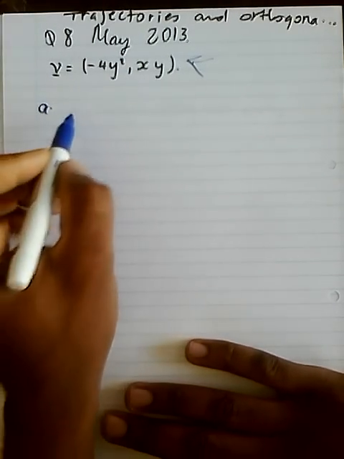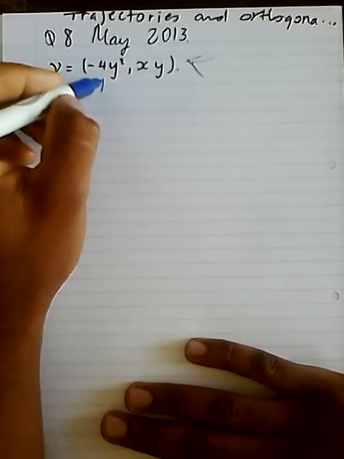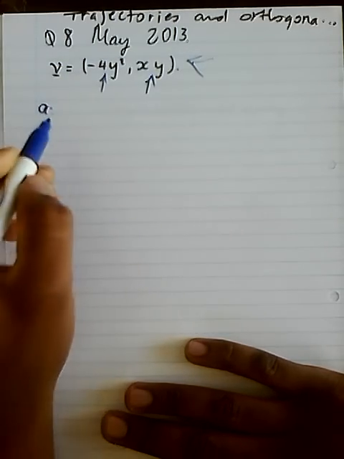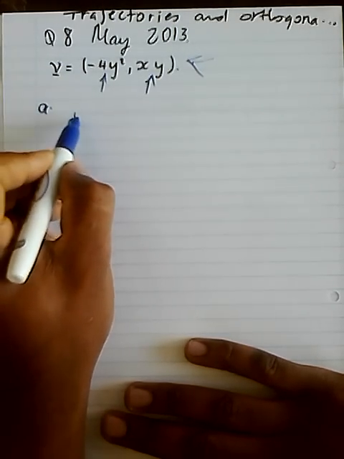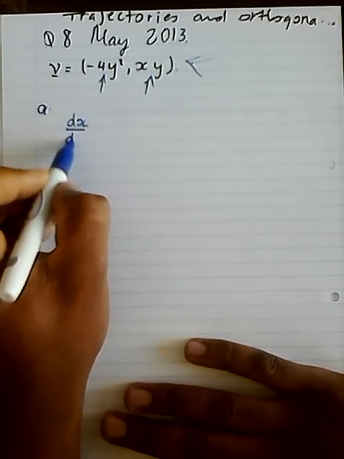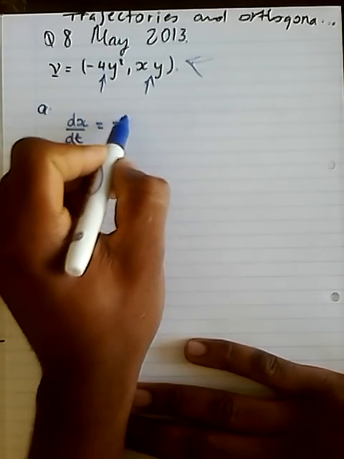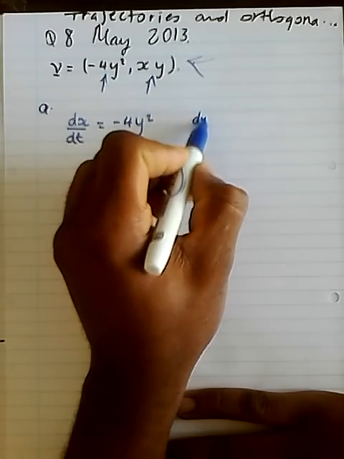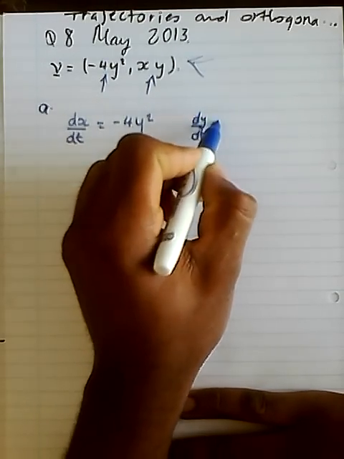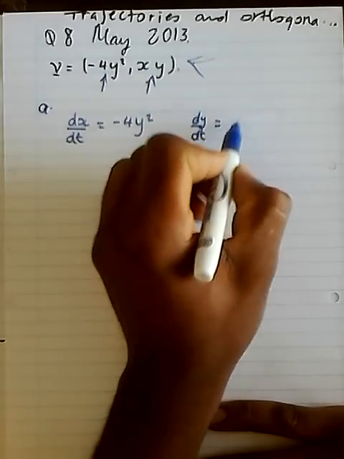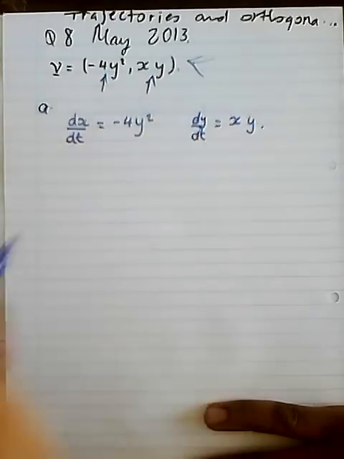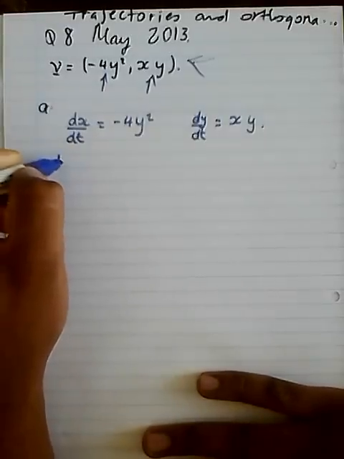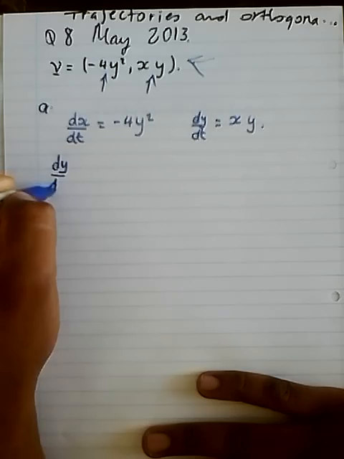Since this represents our dx/dt and this represents our dy/dt, we can write it as dx/dt is minus 4y squared, and dy/dt is xy. So remember, what we need to determine is dy/dx.